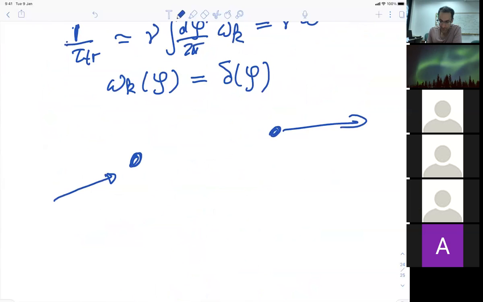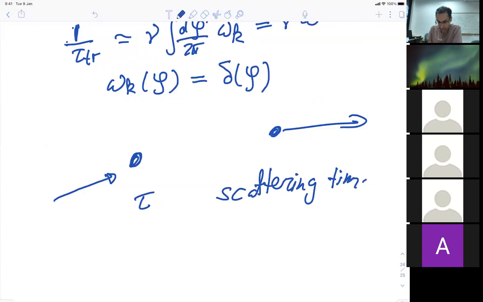There is a typical time, which we call tau, which is a scattering time. This is just how frequent an electron hits an impurity.